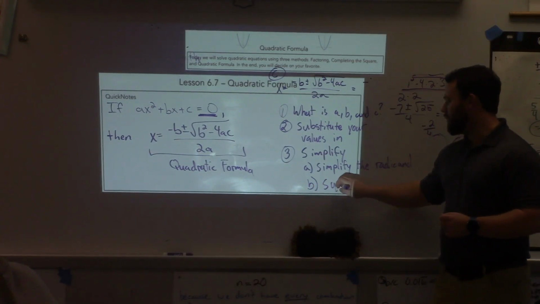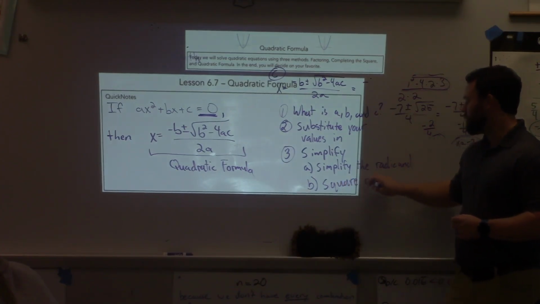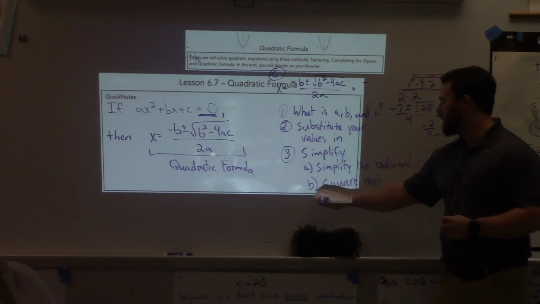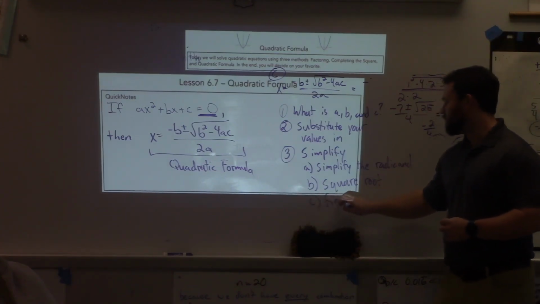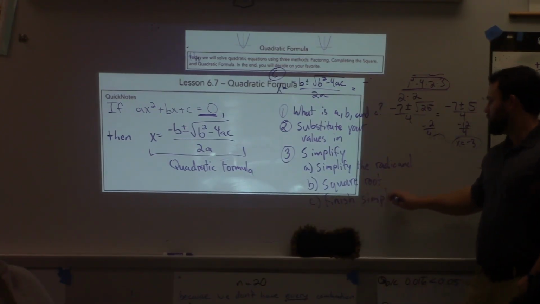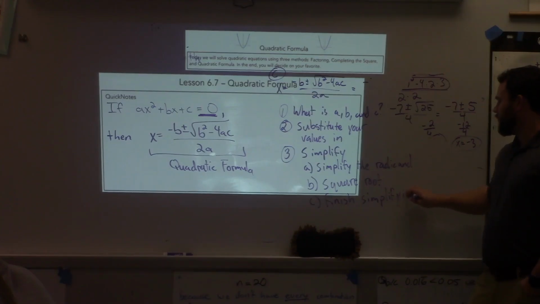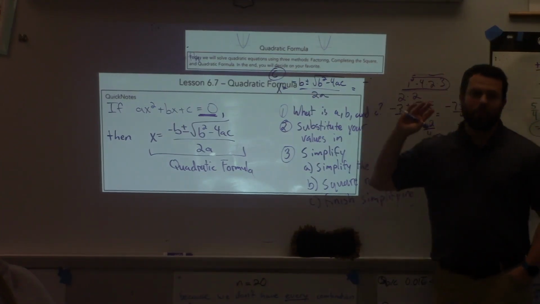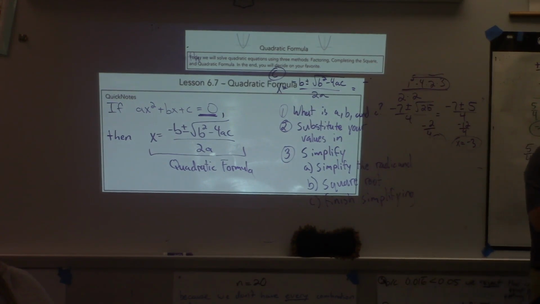Take your square root and then finish simplifying. The big idea is, guys, substitute A, B, C in and simplify. That's really it. But you need to know what A, B, and C are.